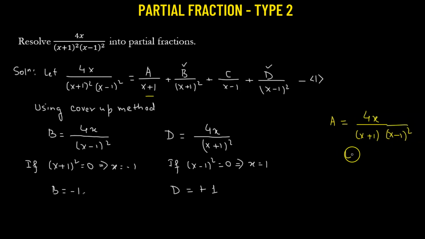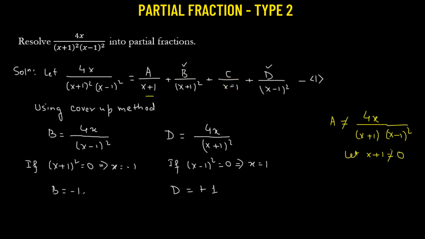Now to find A, all we have to do is set x plus 1 equal to 0, but we cannot do that because we would have a division by 0, which is not allowed. So A cannot be found in this fashion, and the same problem arises with C as well.